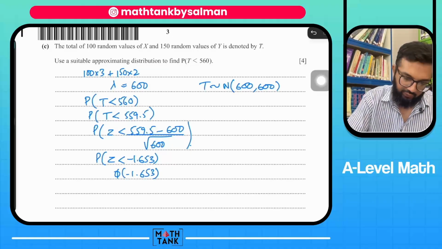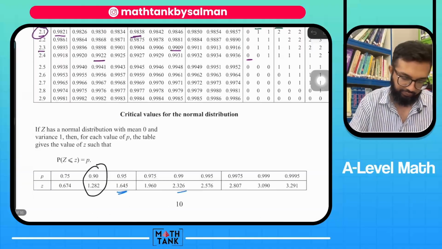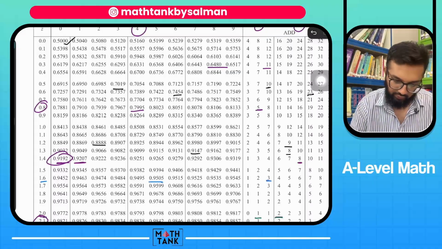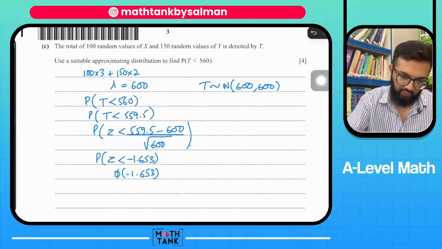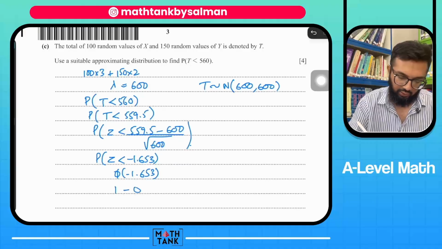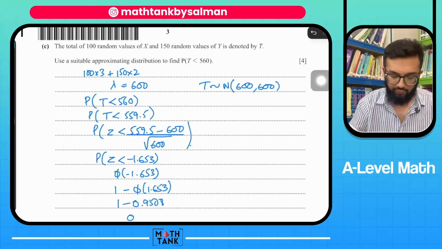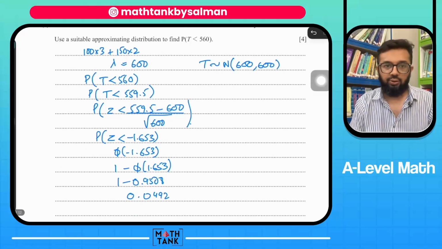I think I have a table open here. 0.9508. So 0.0492. That should be the correct answer.